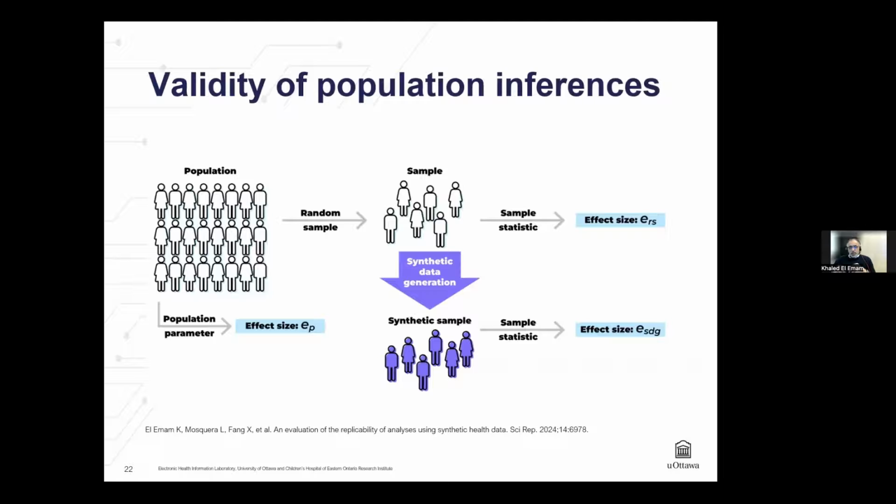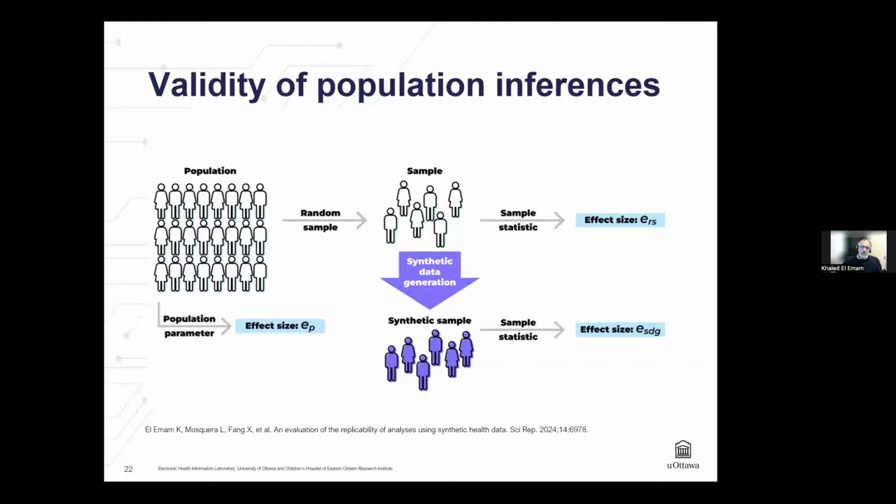At the same time, we also want to look at population inferences. So even if you are able to replicate the results of real data, are the population inferences you make from your synthetic data still valid?